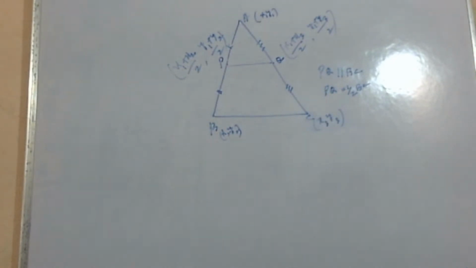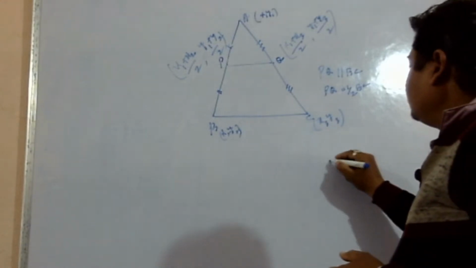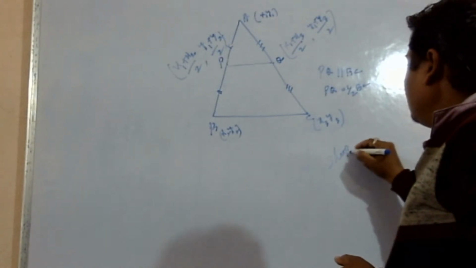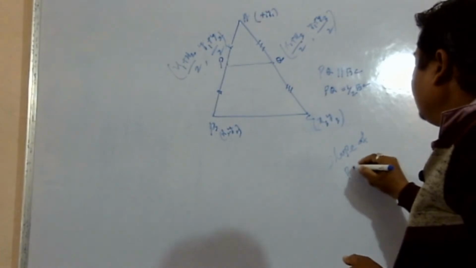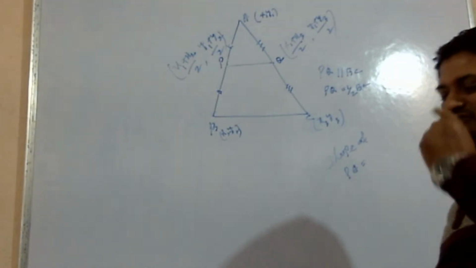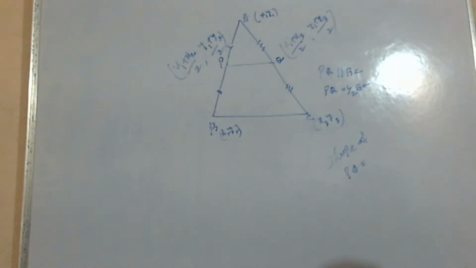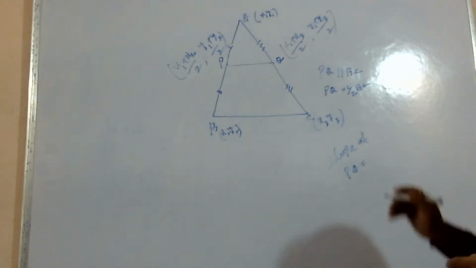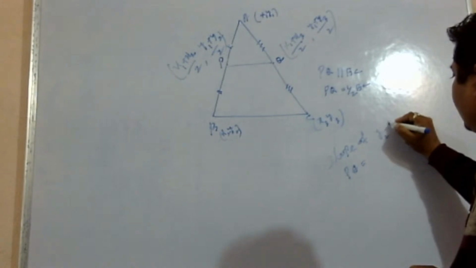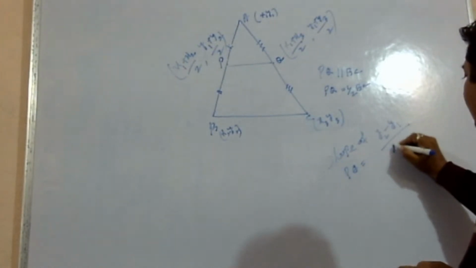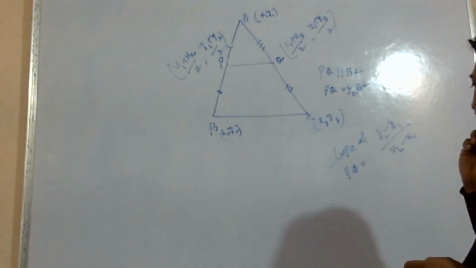Yes or no? Yes. So what is the formula? Slope of PQ. Who can say? If in a line two points are given, then the slope of the line is y2 minus y1 by x2 minus x1.